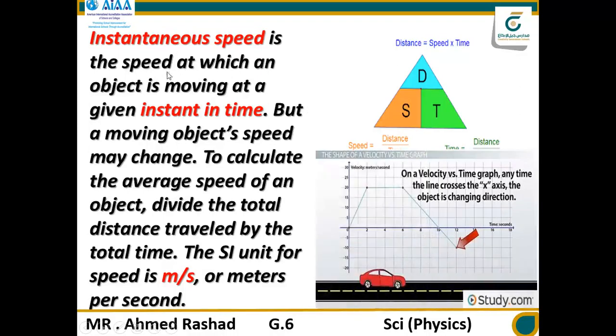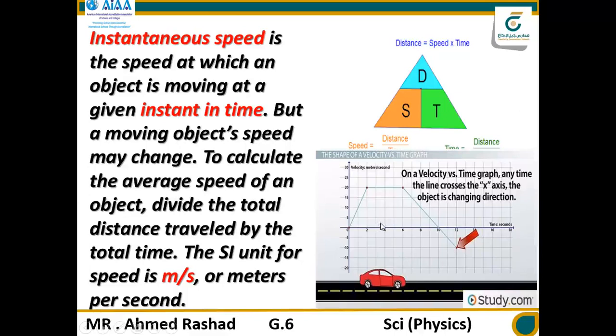Again, remember that at different instants in time a moving object's speed may change. To calculate the average speed of an object, divide the total distance traveled by the total time.